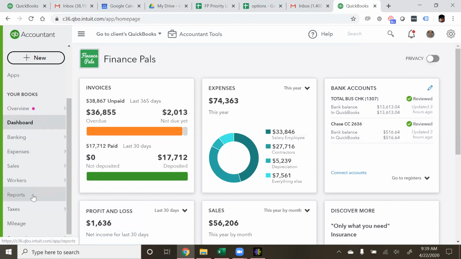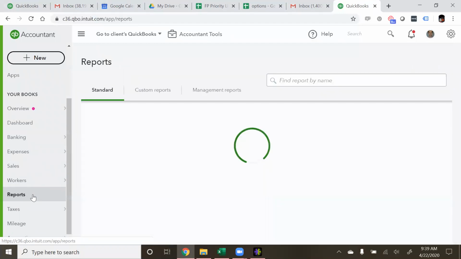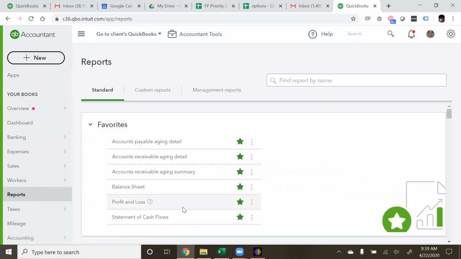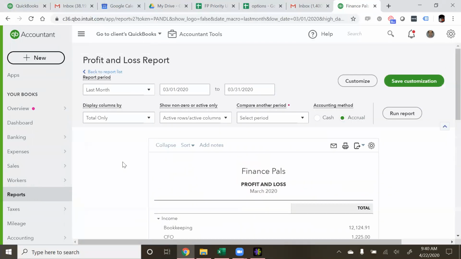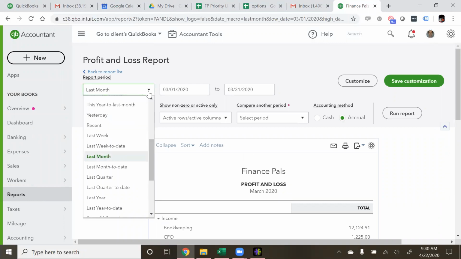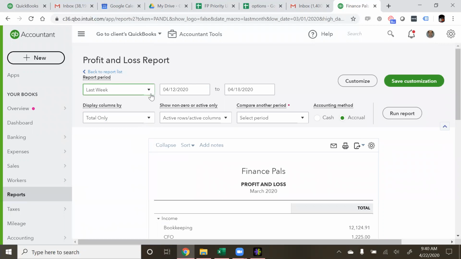Let's go to reports. We're going to pull these 4 reports. First one, we're going to pull profit and loss. What's interesting is, if you wanted to do a really basic cash flow statement, which you could do, let's do it for all of 2020.